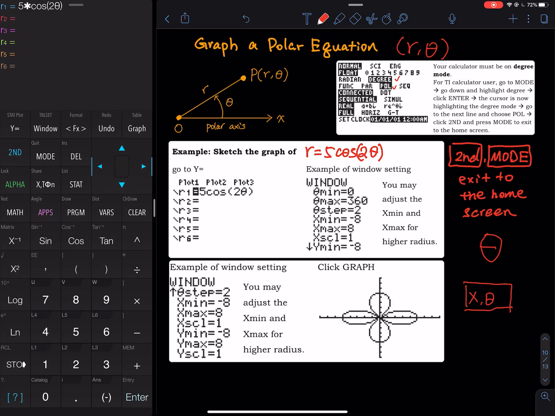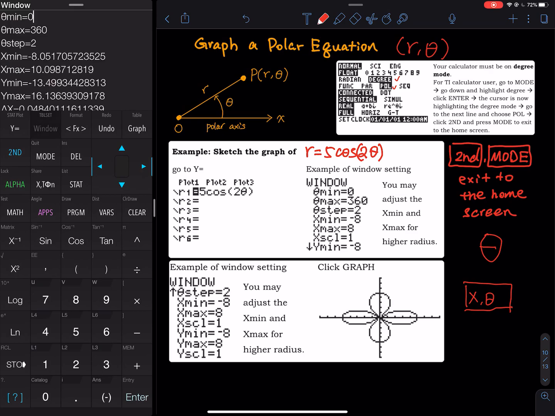So now we need to set up our window. Press the window key, and this is how I set up my window. I have an example over here. The theta minimum is 0, and the theta maximum I use 360 degrees, and the step I use 2.